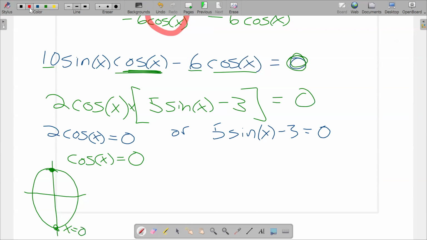I want from 0 to 2 pi, so that means measure the angle this way. One of these solutions is pi over 2. And the other one I have to get down here in a positive rotation, which would be 1, 2, 3 pi over 2. So from this branch, x could equal pi over 2 or 3 pi over 2.